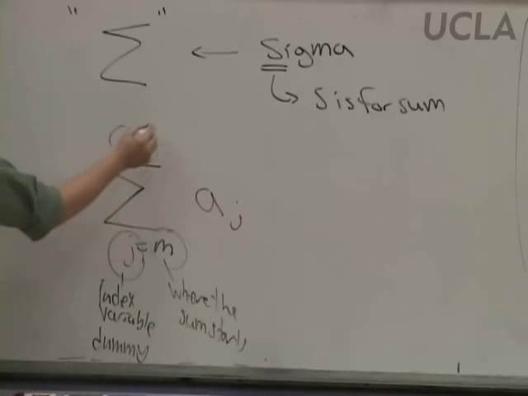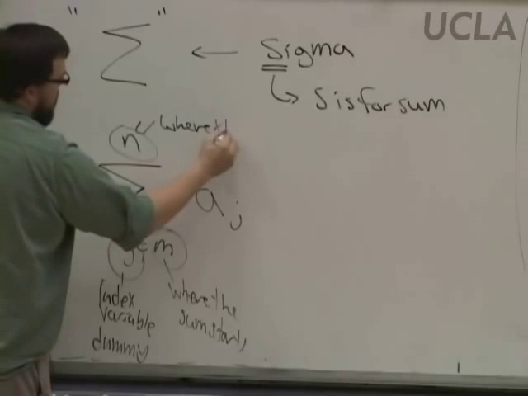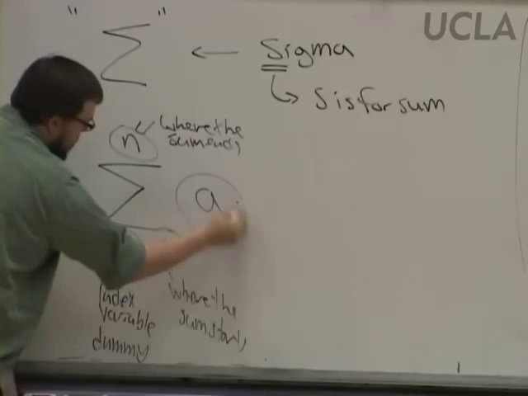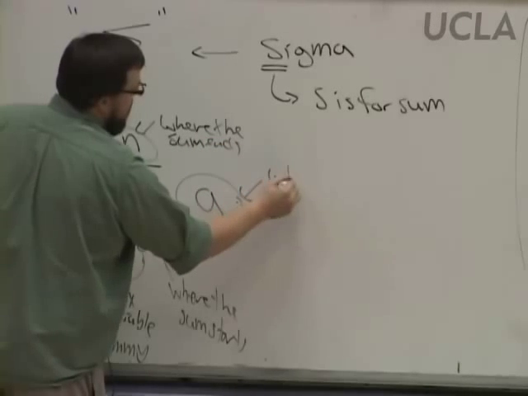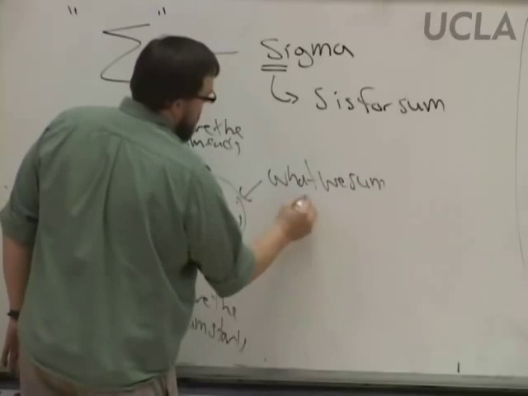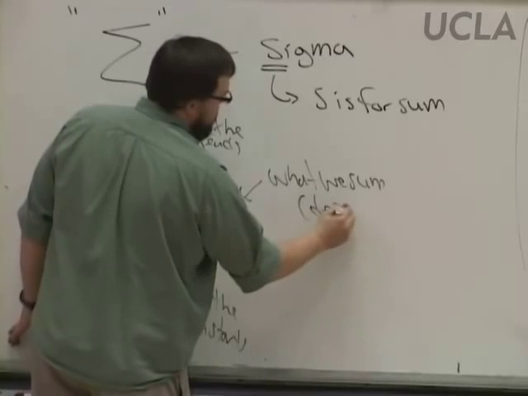N is where you end the sum. And a sub j is what you sum. And usually it depends on j. If it doesn't depend on j, it's not a very interesting problem.